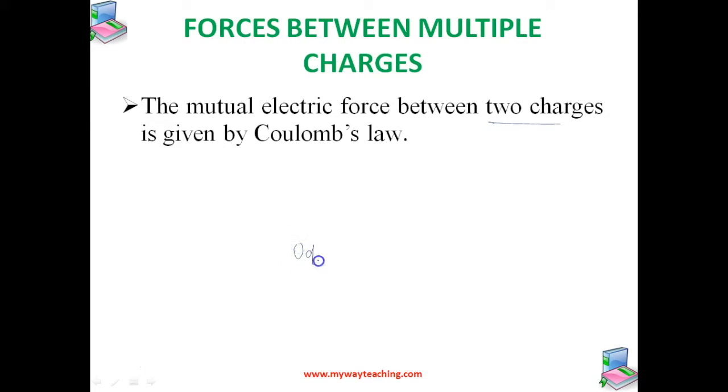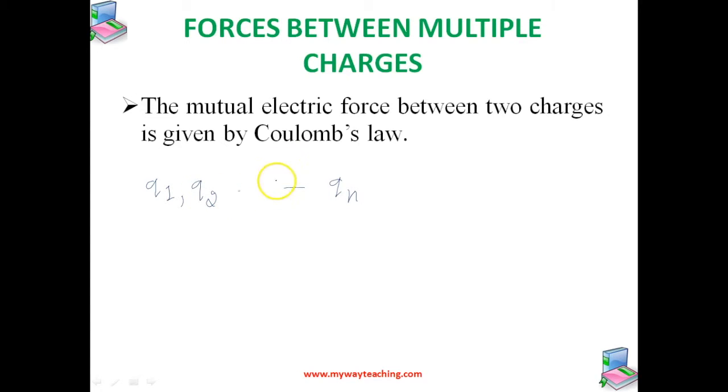Consider this is charge Q1 and surrounding this there are multiple charges, not only two charges. So in that case, how to calculate the force on this charge Q1? Yes, there is a solution. Consider a system of n stationary charges, from Q1 to Qn. Coulomb's law is not enough to answer this question.